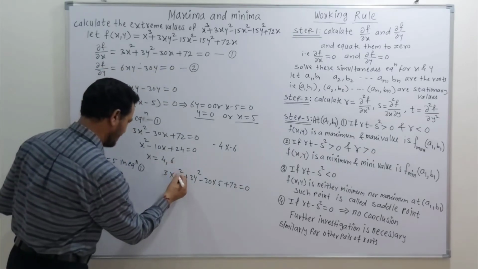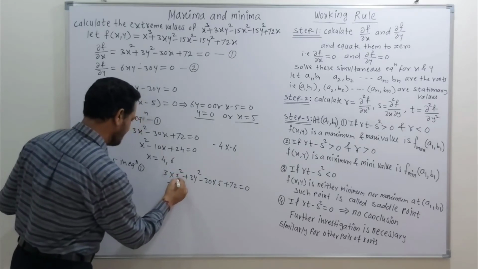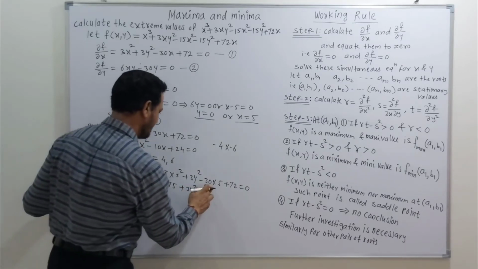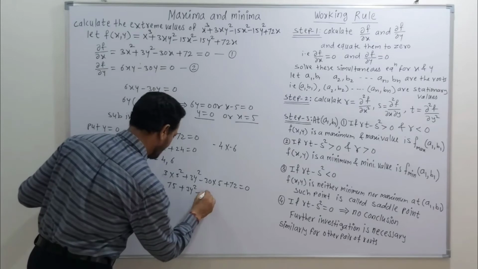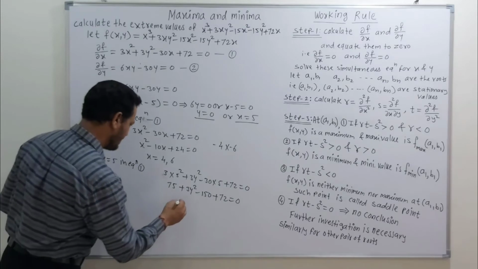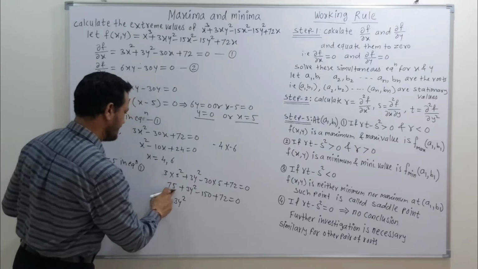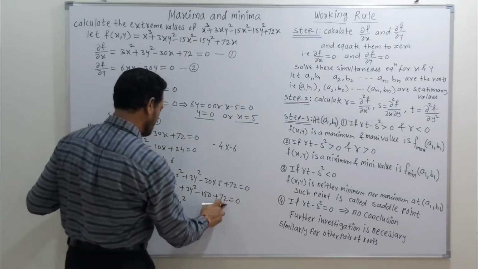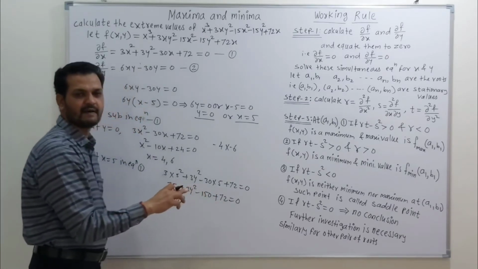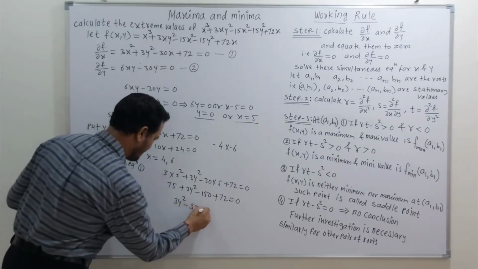So if we solve this, 25 3s are 75, plus 3y square minus 150 plus 72 equal to 0. So once again, if we try to solve this equation, then this becomes 3y square, then 75 plus 72, that means 147 minus 150, that means minus 3 equal to 0.